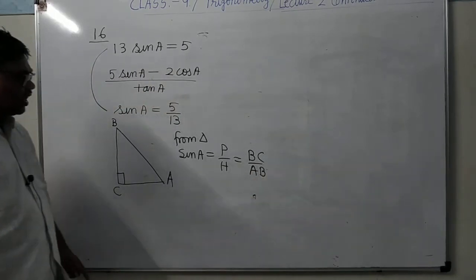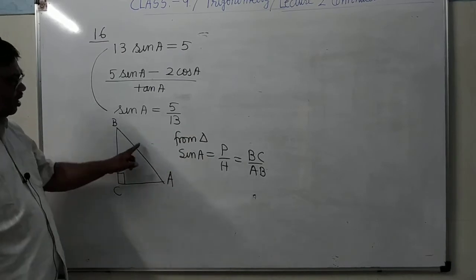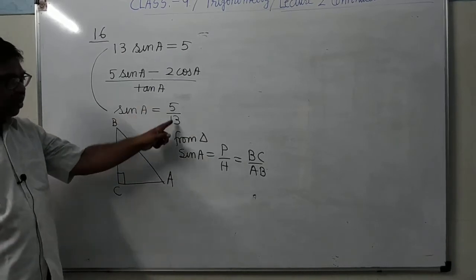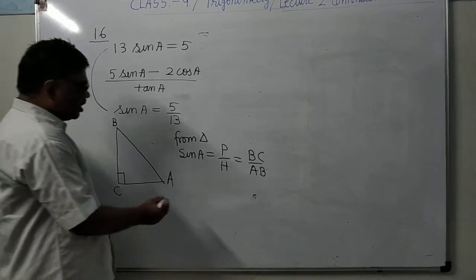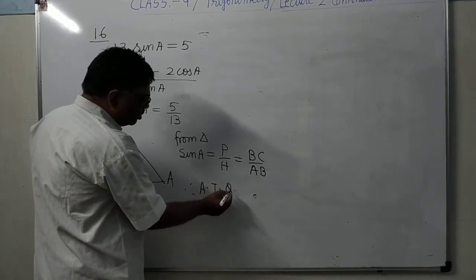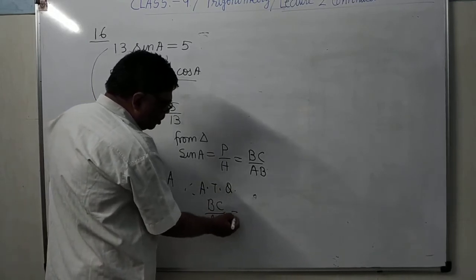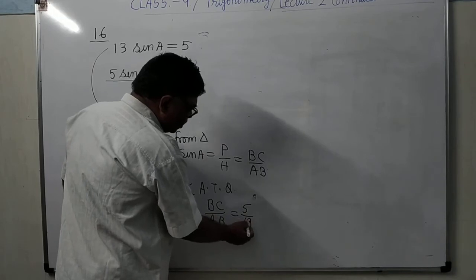But here it is given 5 upon 13. Therefore, according to the question, BC upon AB equals 5 upon 13.